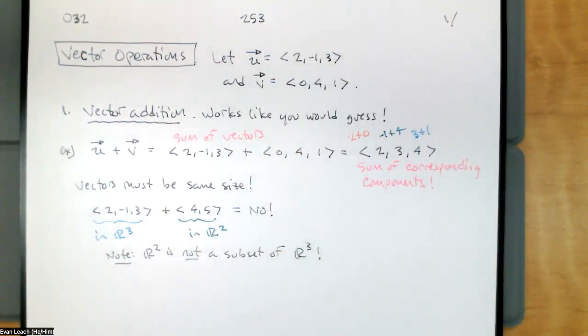No matter how we're writing them, if I write a vector that says 2i minus 1j plus 3k, I don't get to add it to 4i plus 5j. If it said 4i plus 0j plus 5k, then they're in the same space and we can add them. This is why ijk is a little bit weak. You have to know where your vectors are from, because we wouldn't write a zero term.